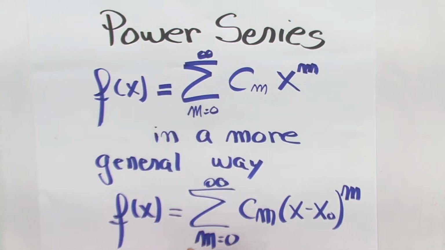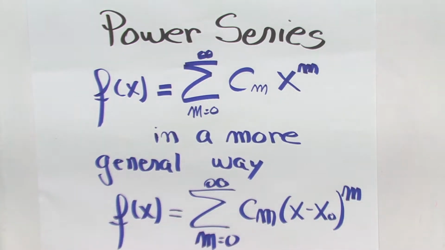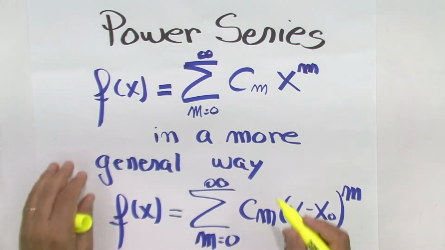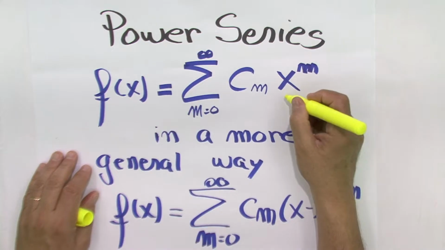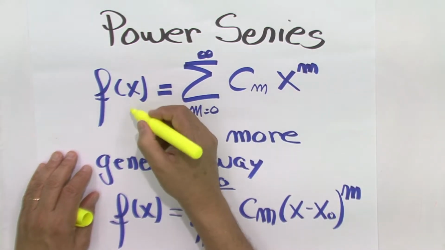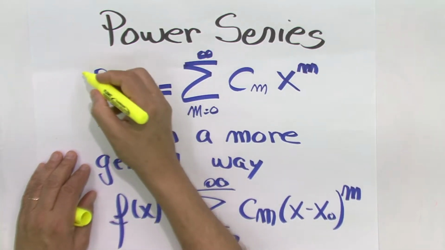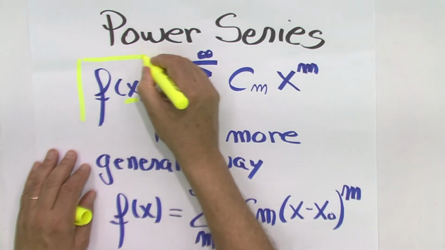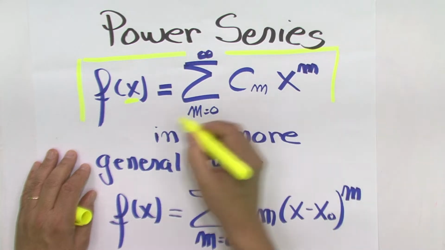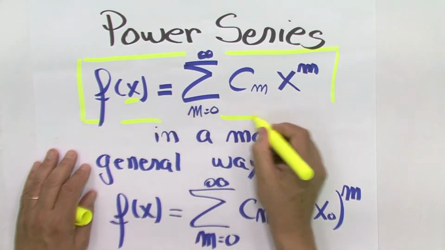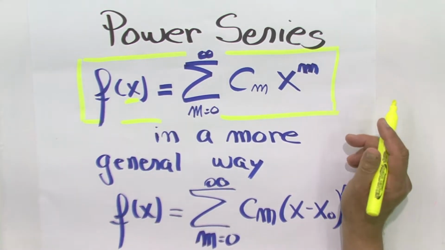I think you all know what a power series is, right? A power series is a quantity or a function that can be written in terms of powers of the variable. So here is the independent variable, x, and this is a function that we can write in terms of powers of x. This is called a power series.